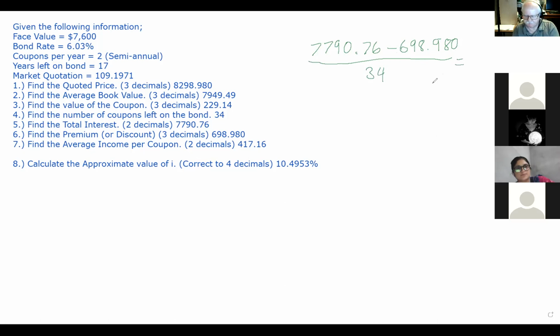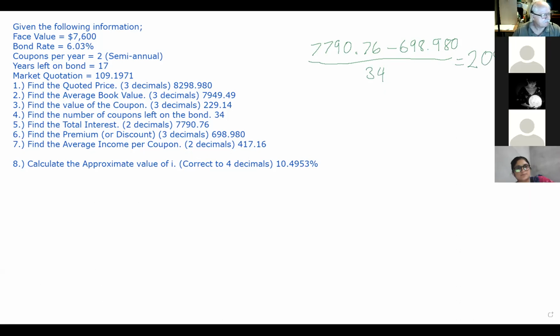Let's see what we get. 7790.76 minus 698.98 equals that, divided by 34. And I'm getting 208.58. And that's what Moodle wanted there.